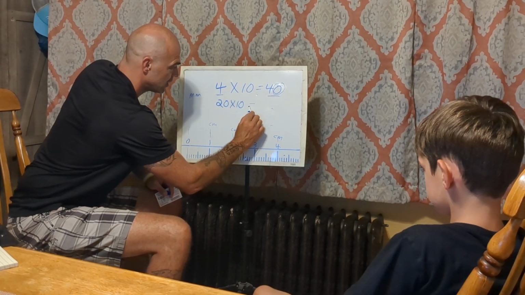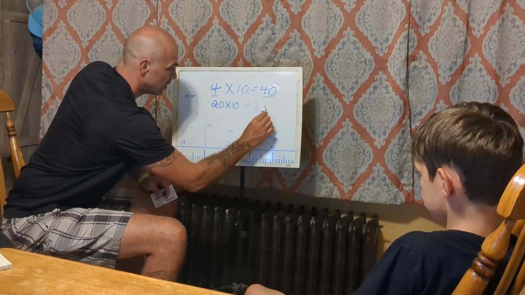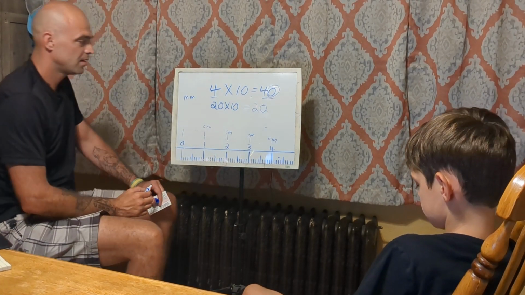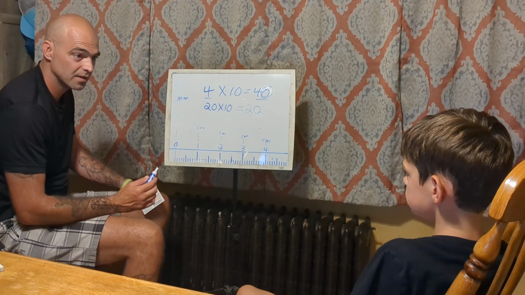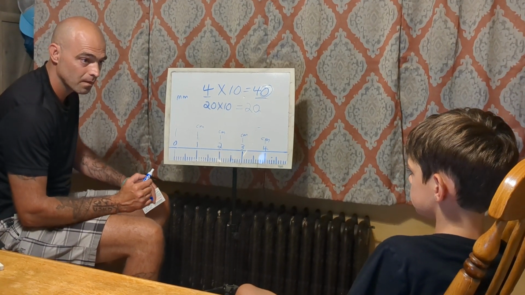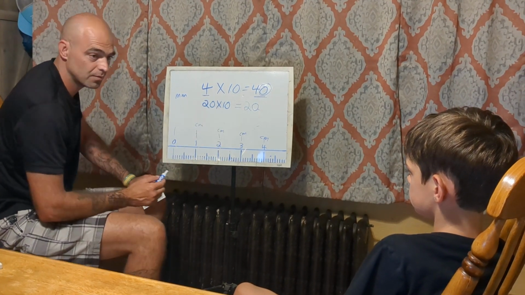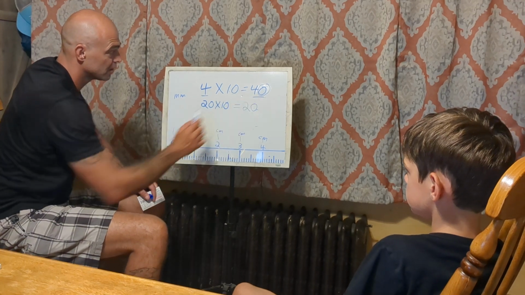Okay, so what did I do to this? What looks different between this one and this one? What happened whenever I multiplied it by 10? It turned into 40. Yeah, so what did I do right here? What's this? A 0. Okay, so it's a 0 on my 4, right? So what do you think I should do to my 20 if I wanted to multiply it by 10, a group of 10? What did I do to my 4?